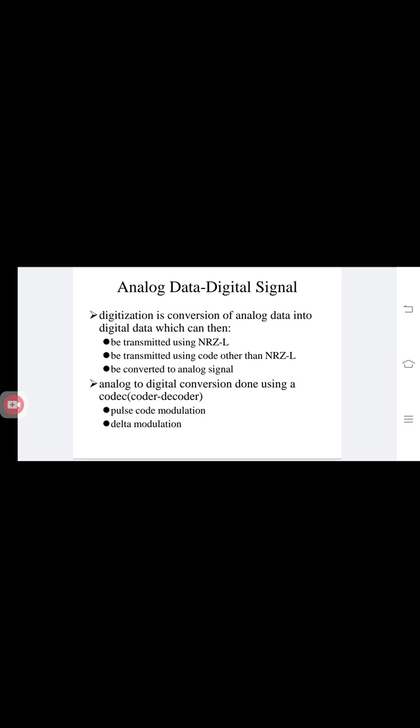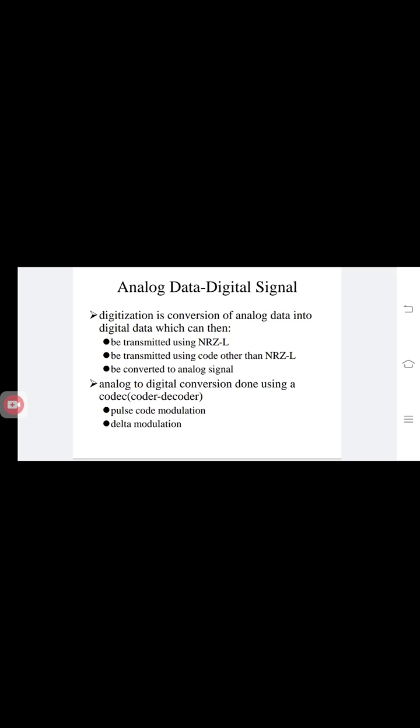So here, analog to digital conversion can be done by using a codec, that is, a coder-decoder method. Here, two principal techniques are used. First one, pulse code modulation, and the second one, delta modulation.